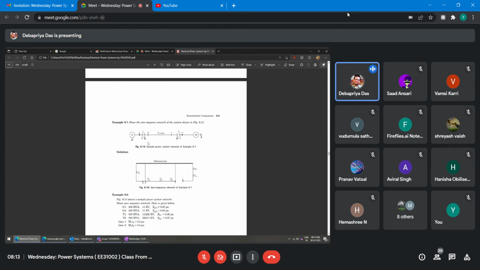This side is delta, so no zero sequence current will flow from here to here. That's why this is open, at points P and Q. The generator side is not connected, it is open, because this is delta and this is star. Had it been star grounded, the circuit would have gone from here to here. Anyway, this is star grounded, this is delta, so this is open, and this is Z0.